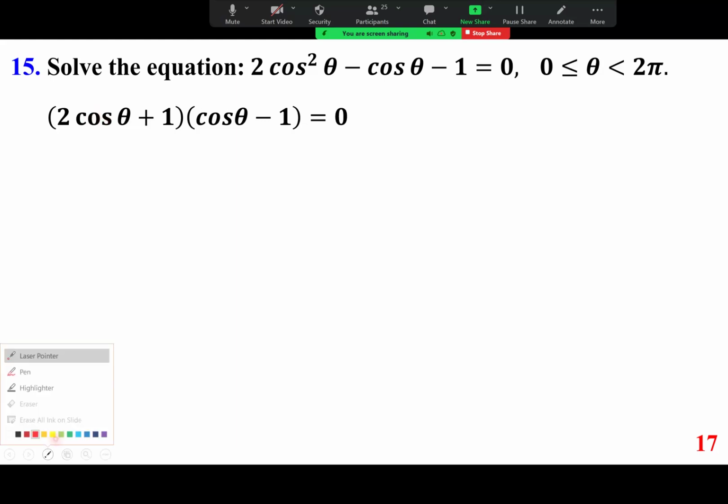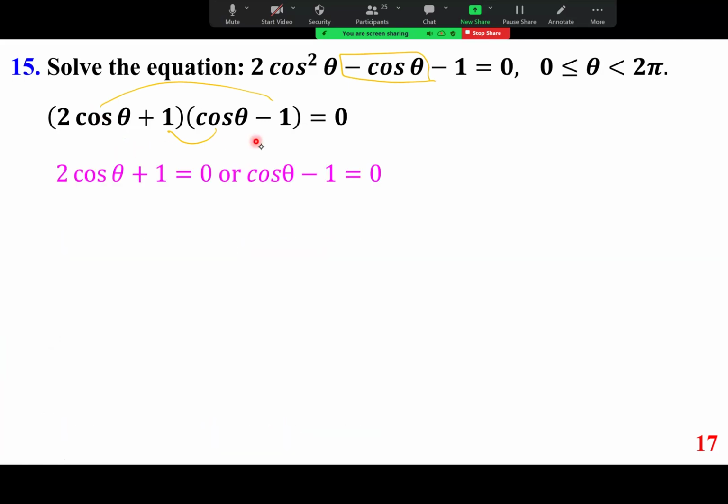So take a look. This one and this one must add up to the middle term, and they do. Otherwise, it's not working. So therefore, the answer is the first one is equal to 0, or the second parentheses. This results in cosine theta being negative 1/2. This results in cosine theta being 1.